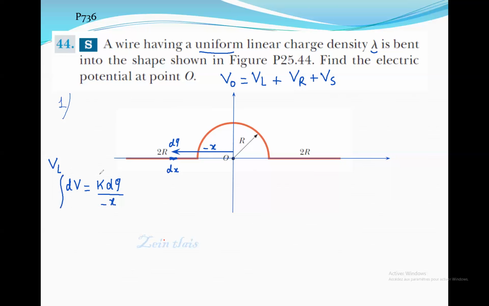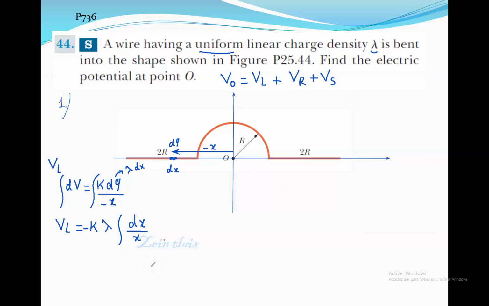The integral to calculate VL: dq equals to lambda dx. So here we have k, which is constant, and lambda is constant. The integral of dx divided by minus x. You can put minus x here, or you can put minus here and x down.